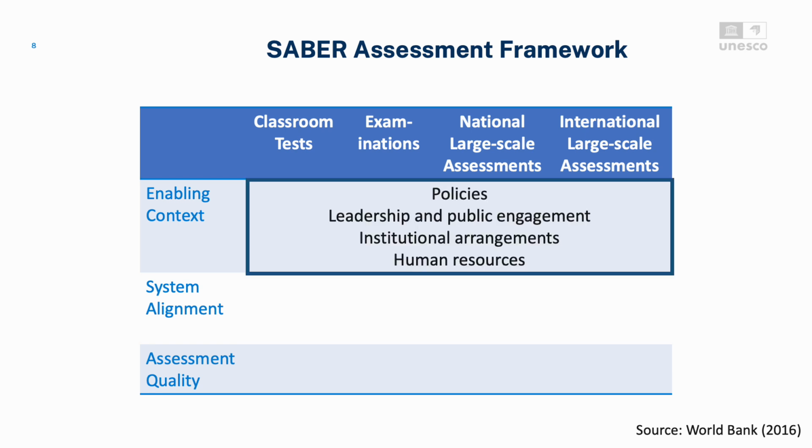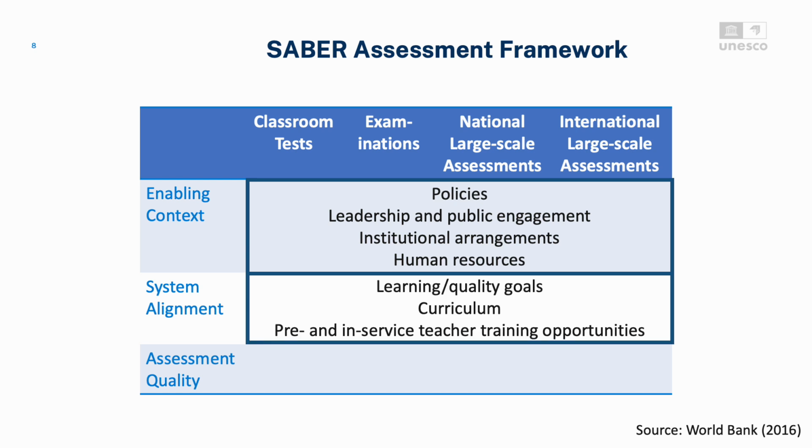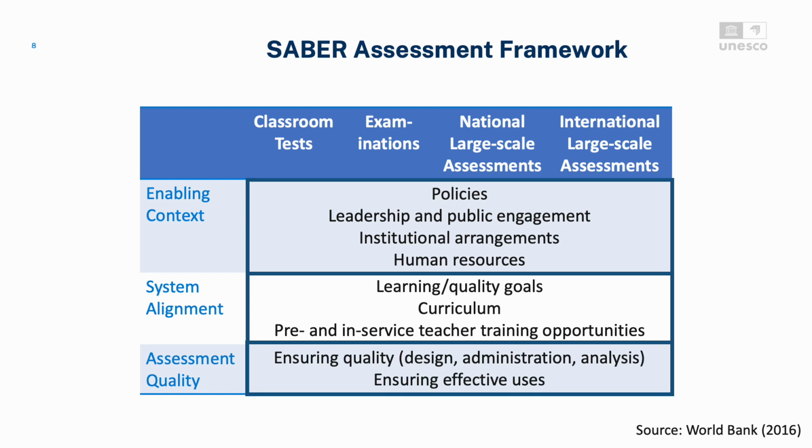The enabling context covers policy framework, leadership, public engagement, organizational structure, and availability of funding and trained staff. The system alignment covers alignment between assessment and learning goals, curriculum, and teacher training opportunities. The assessment quality covers the quality on design, administration, and data analyses, as well as the effectiveness of the assessment data usage. This means that countries are expected to have a balanced assessment framework throughout various types of assessments.